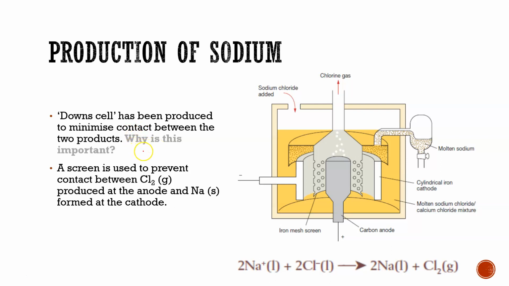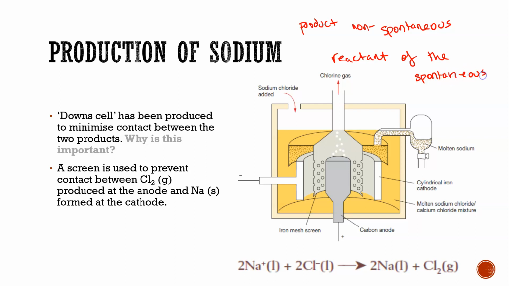Another thing that we need to remember is that the product of the non-spontaneous reaction, i.e. what we get from the electrolysis, is the reactant of the spontaneous reaction or the galvanic reaction. So we need to have separation of the products in these cells, or what we will see is the formation of the spontaneous reaction in reverse.